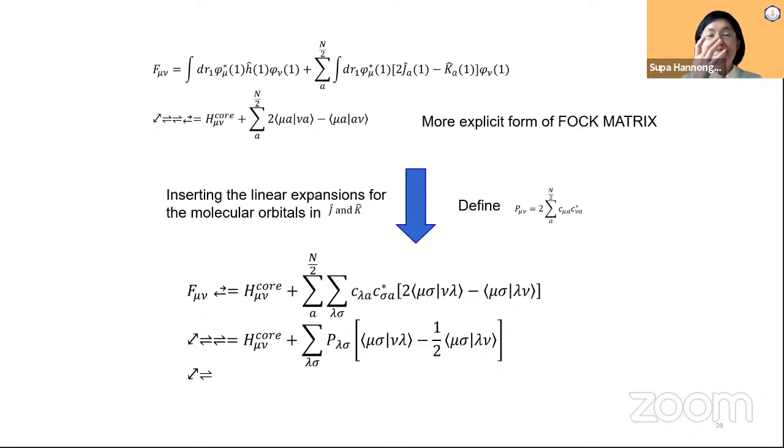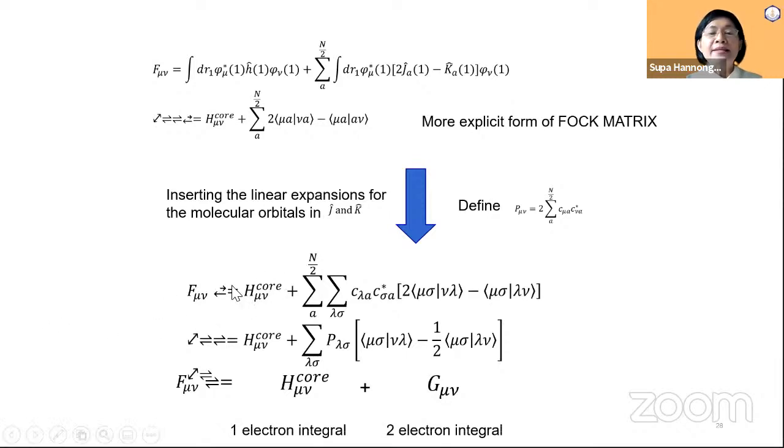But yeah, try to see the development of the Fock operator that still includes some kind of Hamiltonian operator and some kind of the 2 electron integral. Actually, these are the electron interactions, which is the time consuming. This is the 1 electron term, and this one is the 2 electron interactions.